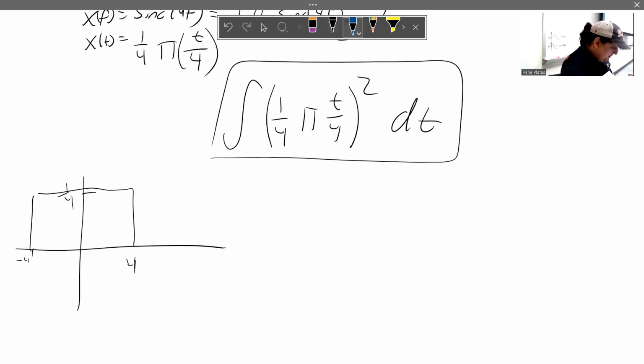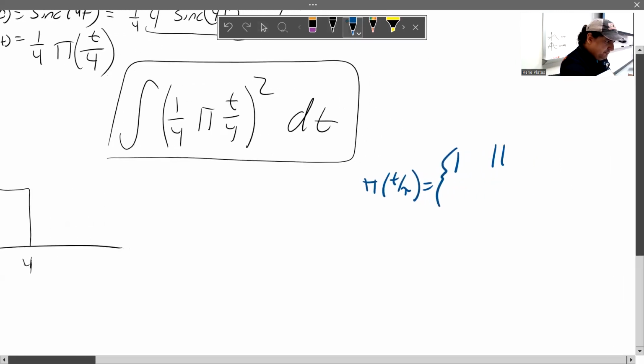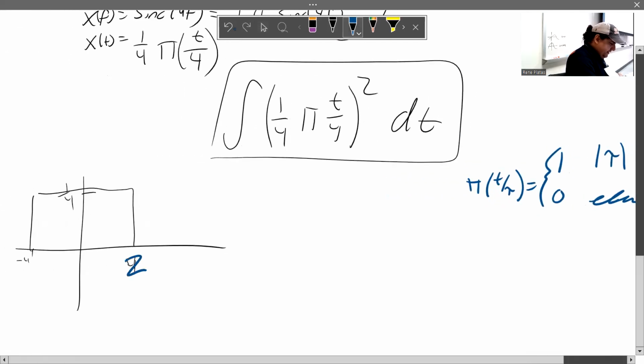The formula says this t/tau is defined as 1 when the absolute value of t is less than or equal to tau over 2, so it's going to be -2 and 2, and 0 elsewhere. So this is going to be -2 and 2.